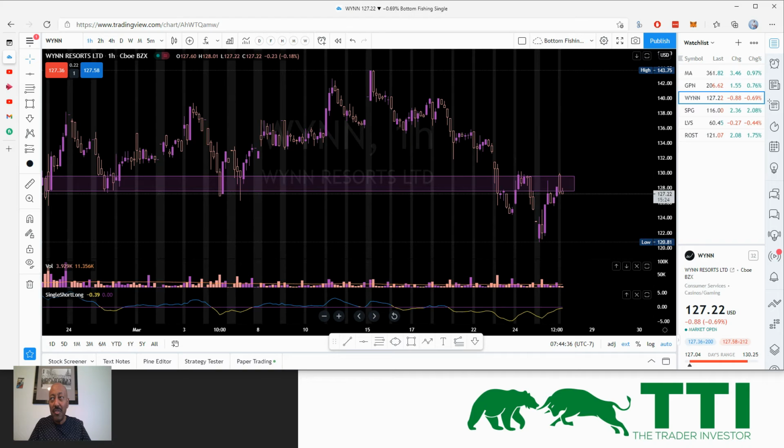So what could potentially happen and where this could get interesting is if we form a new higher low, and that will then give us an entry, right? That will give us an entry right at the break of this level. And this would be our stop distance. So that's a possibility for a win.